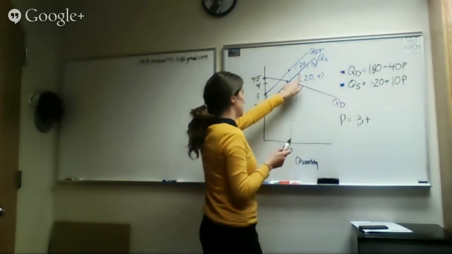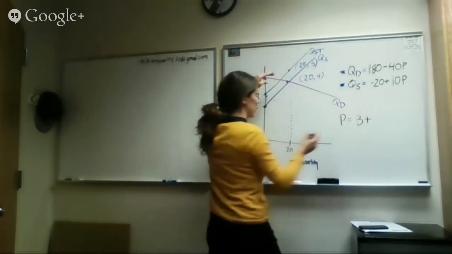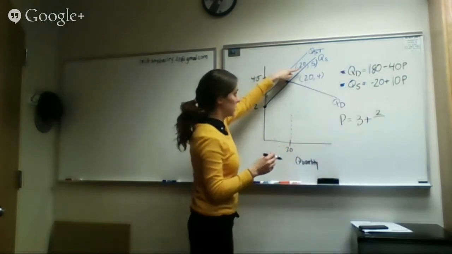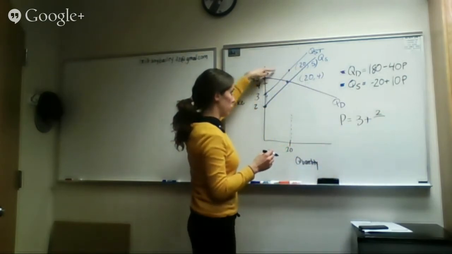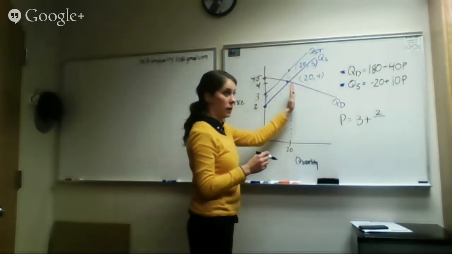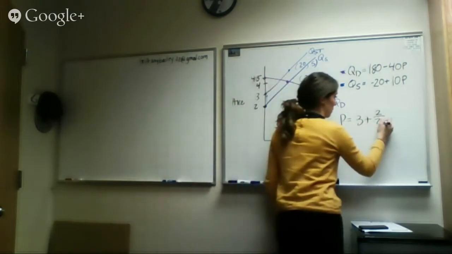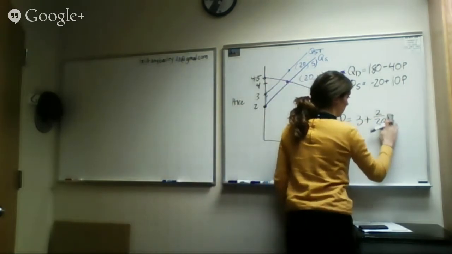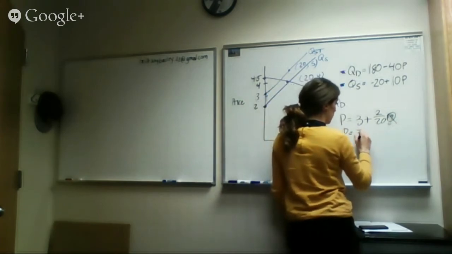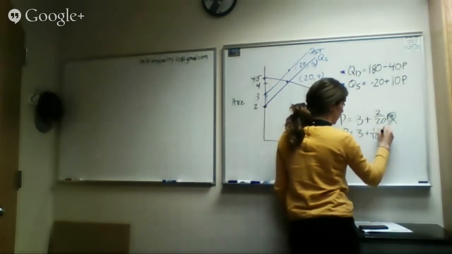Which is going to be rising 2, going from 3 to 5, and over 20, because we're going from 0 to 20. We get p equals 3 plus 1/10 q.